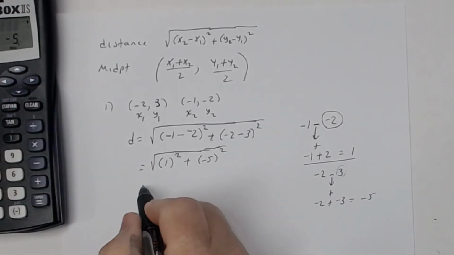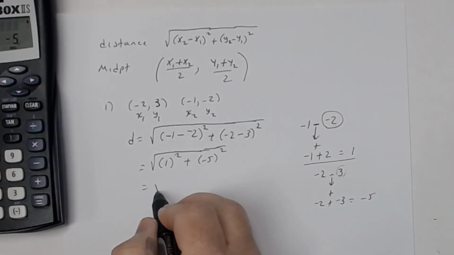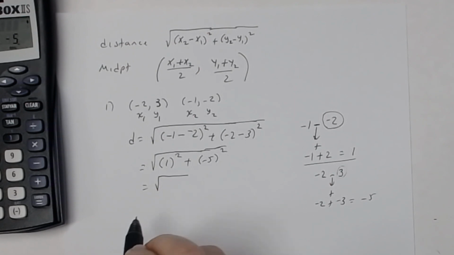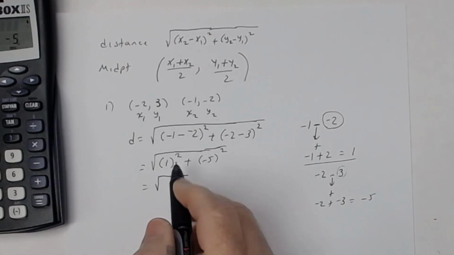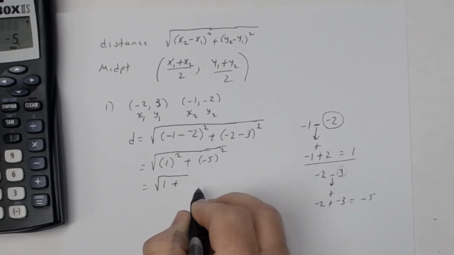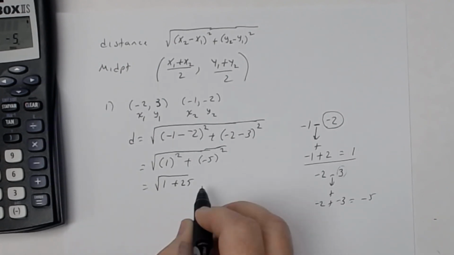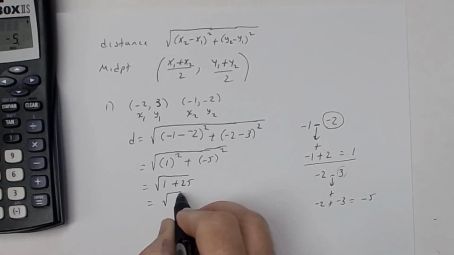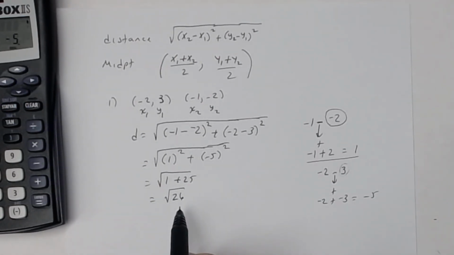All right, so now what we're going to do is we're going to simplify each one of these. So you're going to say square root. You have to show that square root symbol. 1 squared means 1 times 1, which is 1, plus -5 squared means -5 times a -5, which is a +25. And then that's going to equal the square root of 26. And then besides the number 1, there's no perfect square that goes into 26.